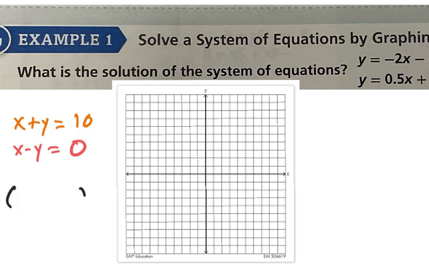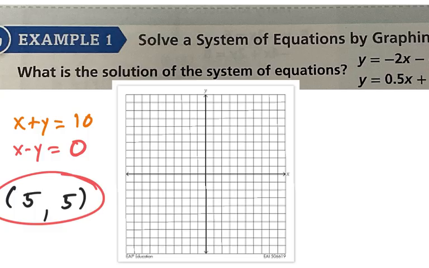So a point needs to be an x, comma, y. So if x and y were both 5, x plus y is 10, because 5 plus 5 is 10, but 5 minus 5 is 0. So what this means is (5, 5) is my solution to the system of equations. It makes both of them true at the same time.